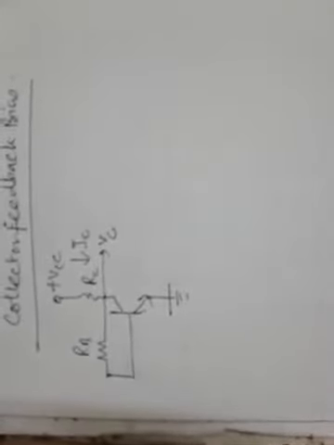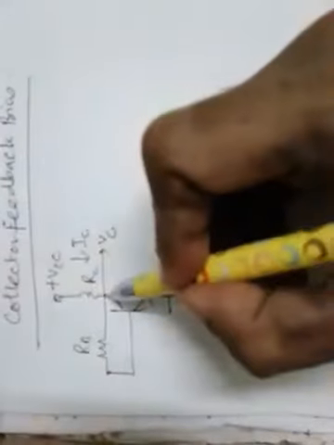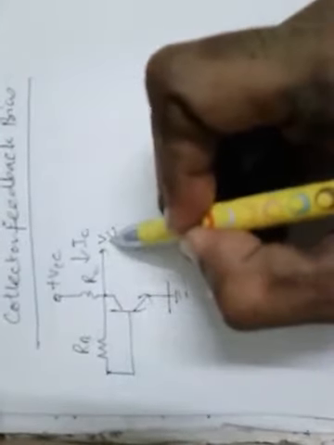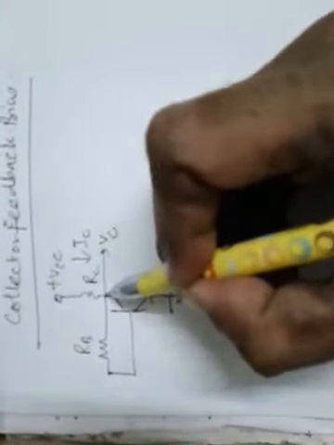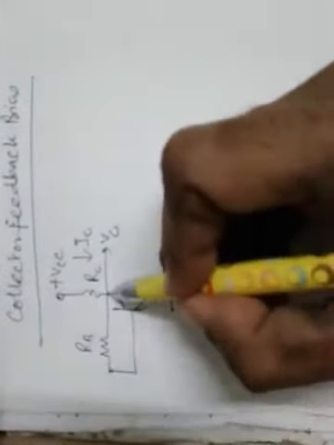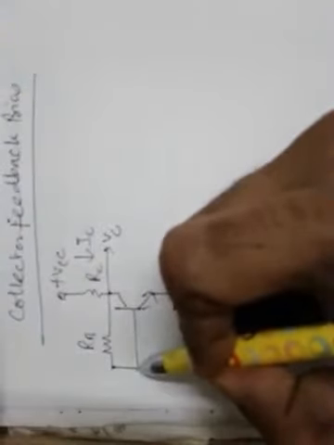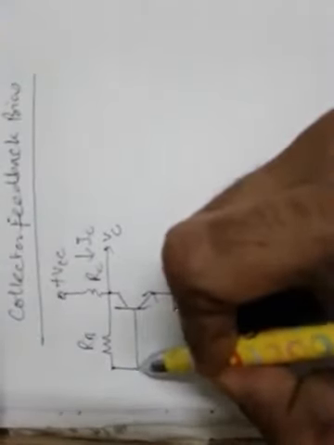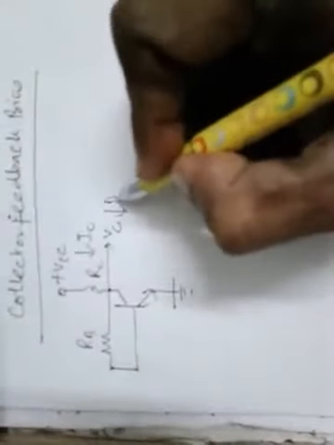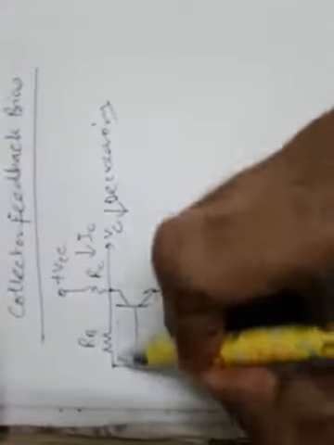So it will decrease the voltage across the base resistor. If this node voltage is decreased, that means decreasing VC means a decrease of voltage across RB.